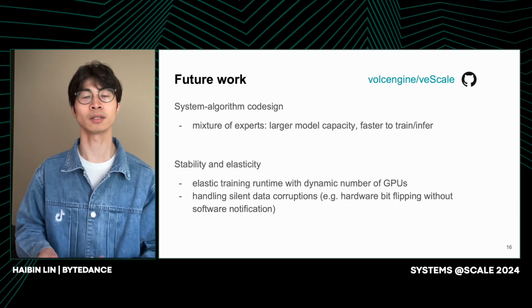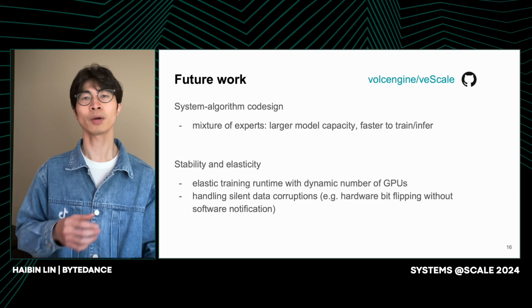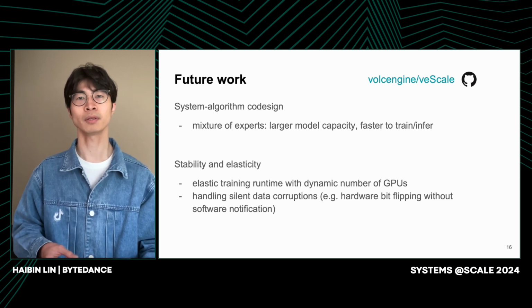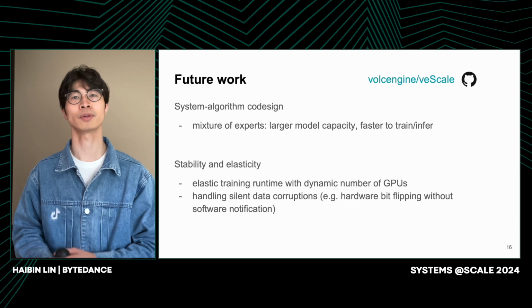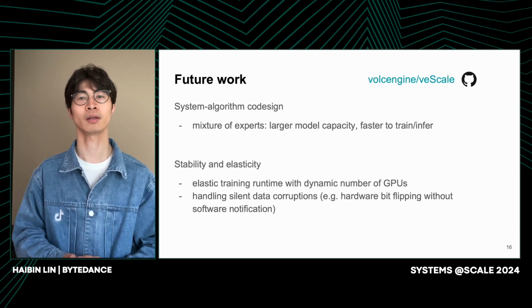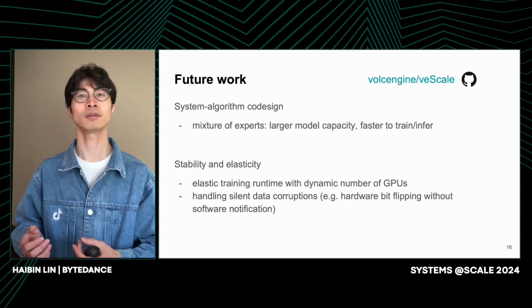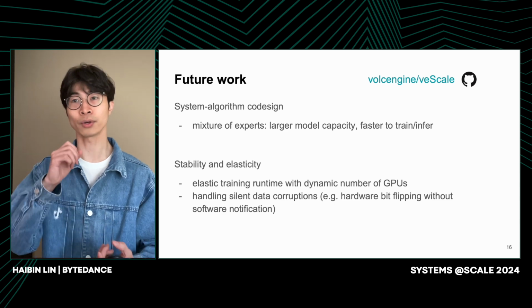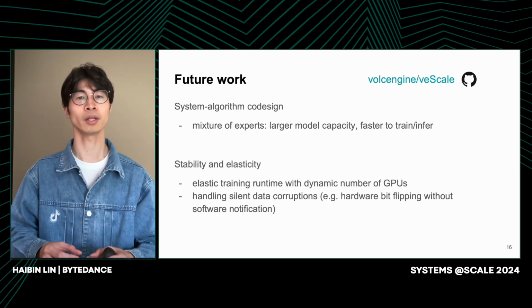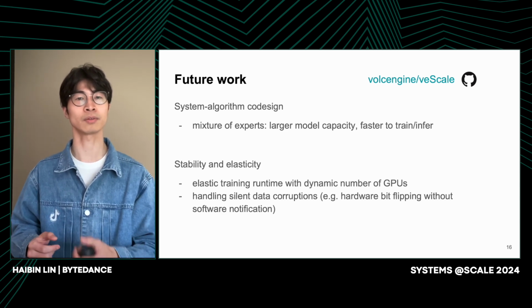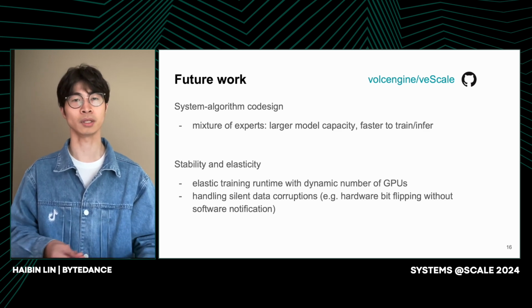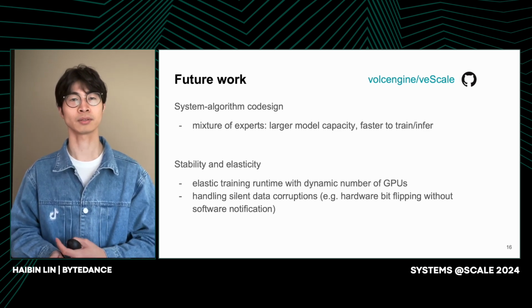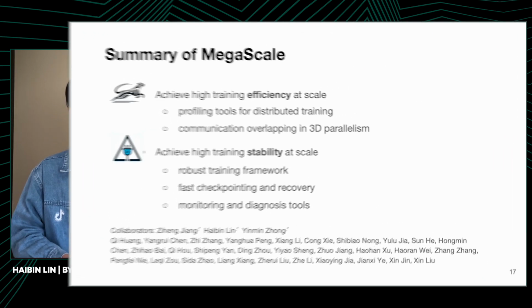There's the silent data corruption, where the hardware may have some bit flipping, some memory corruption, but there's no notification or exception from the CUDA side for the software to catch. So you may see at very low frequency that the training loss suddenly goes to not a number, and we have to pause the training and do some analysis. So that's something we're still working on.